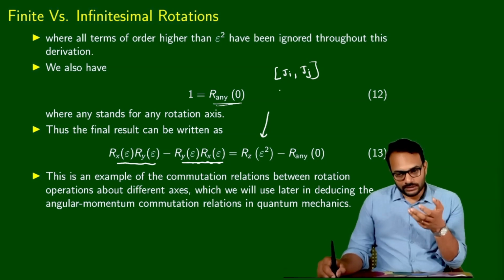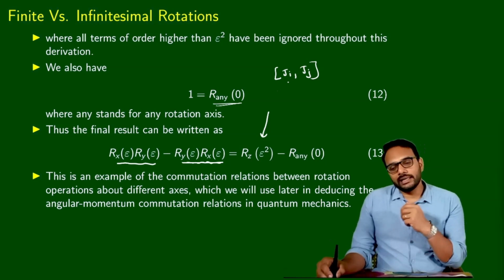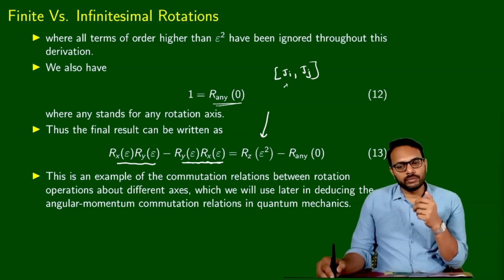Now this can be done, as I said, by defining angular momentum as the generator of rotations. If you remember, we did exactly the same thing in the first chapter.